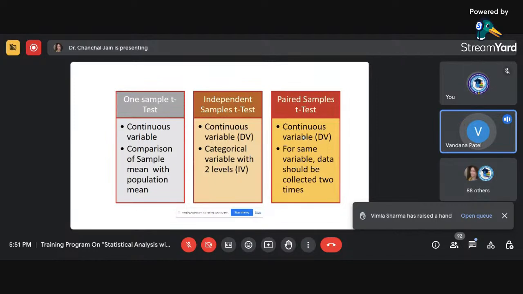But in both groups the treatment is different: in one group one drug is given, and in the other group another type of drug. So in such cases, will we be using the independent sample t-test or the paired sample t-test?